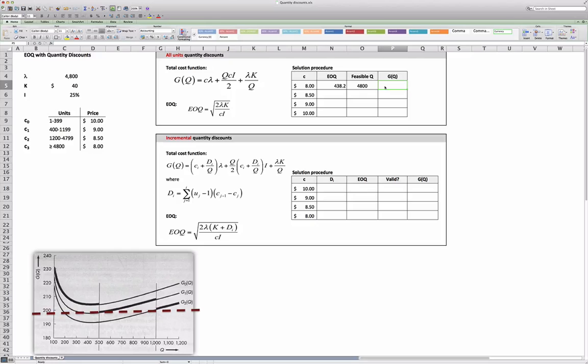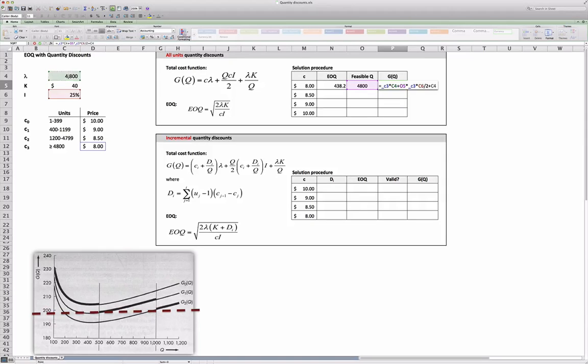Now what I want to do next is compute the total cost, knowing that I choose a feasible order quantity of 4,800 units, and I will pay a unit price of $8. Well, in this case, my total cost is the sum of my acquisition cost, inventory holding cost, and order cost. Remember that it is very important to include the acquisition cost, because now the acquisition costs vary with the order quantity we choose.